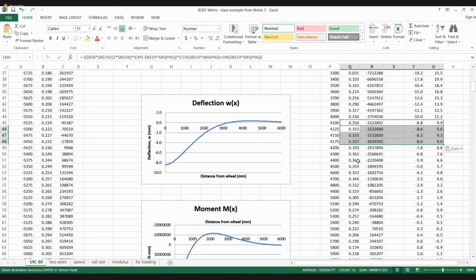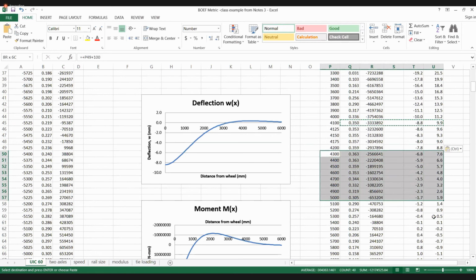Now, in this particular case, I should have actually come between 42 and 43. So let's do the same thing here.